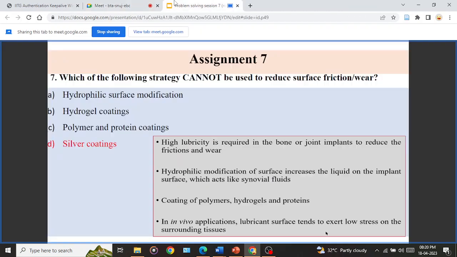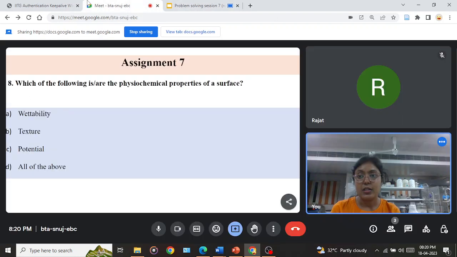Okay. So question number 8 is, which of the following is or are the physiochemical properties of a surface? So which of the following properties define the physiochemical properties of a surface? So option A is wettability, B is texture, C is potential, and D is all of the above.